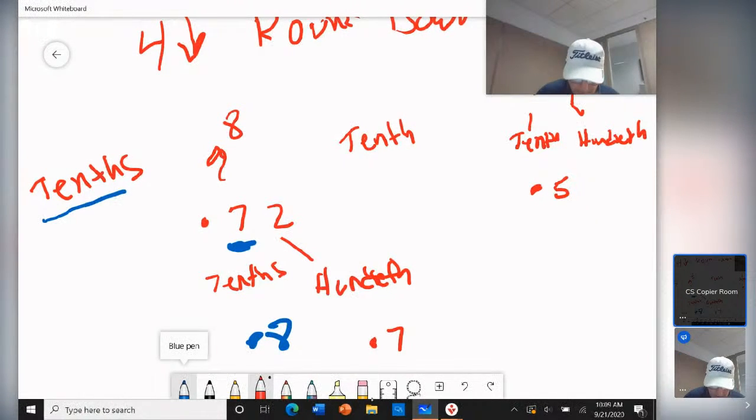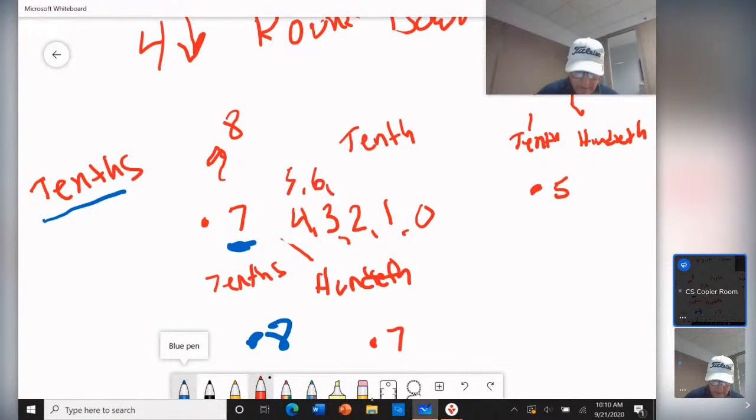So it's either going to go up to 0.8 or it's going to stay 0.7. I'll show you here. It's going to go down if it's 4, 3, 2, 1, or 0, and it's going to go up if it's 5, 6, 7, 8, or 9.